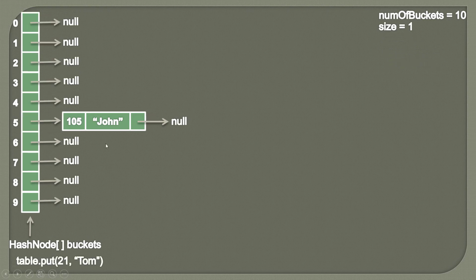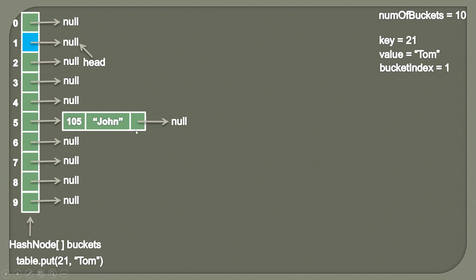Now let's say we want to insert a key as 21 and a value as Tom. So the bucket index would be 1, because 21 mod 10 gives remainder 1. So we simply access the hash node at index 1. We see it is pointing to null, so it is the same case as what we saw here.